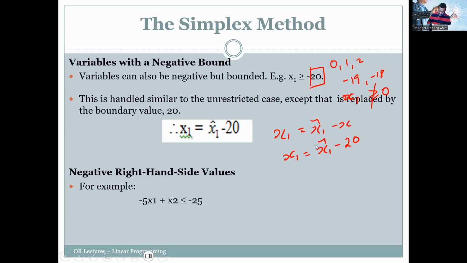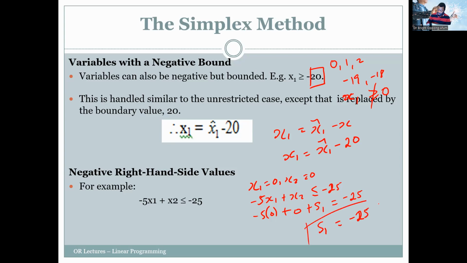So you see that at the initial solution, when x1 is equal to 0 and x2 is also equal to 0, then you're going to have negative 25, and if we bring in the slack variable, it's equal to negative 25. So then S1, the slack variable, is actually equal to negative 25.